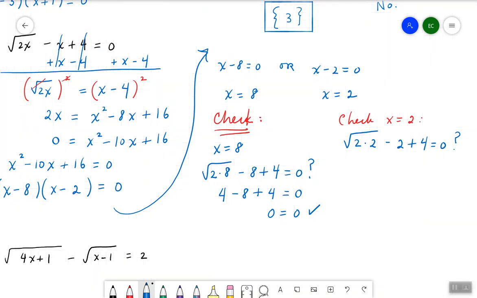Square root of 4 is 2. 2 minus 2 plus 4 equals 0? No, that's not true. 2 minus 2 is 0, plus 4. 4 is not equal to 0. So that's no good. So we only have one answer, and that's x equals 8. So we can go ahead and put it in set notation, put a box around it to show that's the final answer.